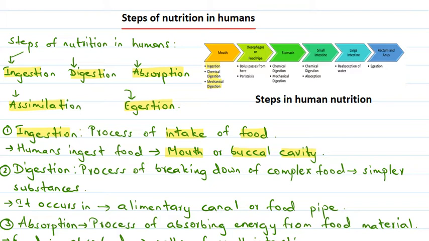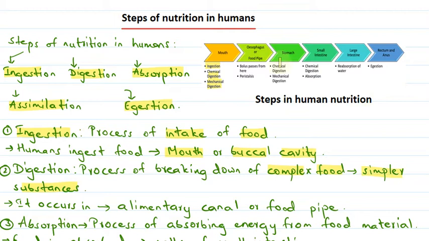The mechanical digestion starts when we chew the food and it gets broken down, and the chemical digestion starts when the enzymes present in saliva in our mouth start acting on food. Digestion is the process where the complex food breaks down into simpler substances.